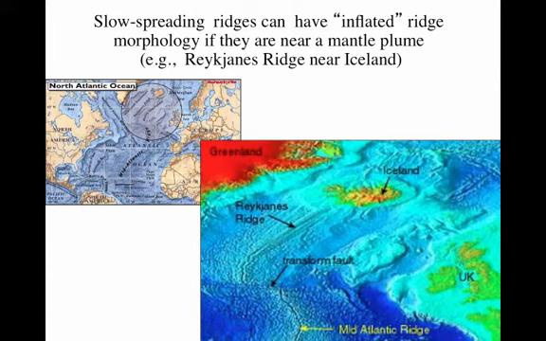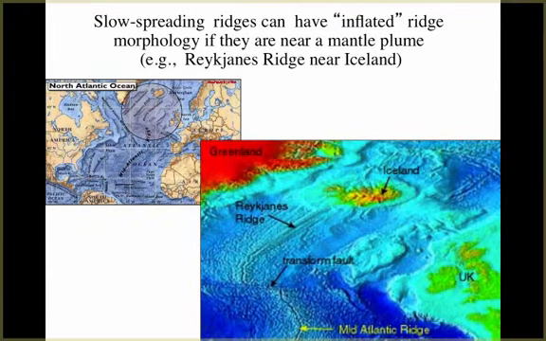And I pointed to the Reykjanes Ridge as an example where even a slow ridge might have an inflated ridge morphology because of the heat and the buoyancy from a nearby mantle plume.